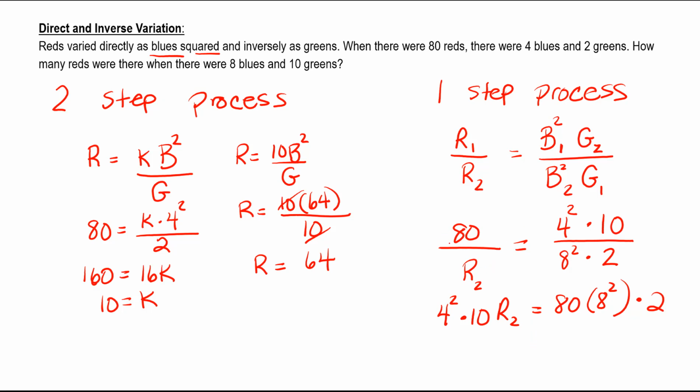So I can cancel the 10 with the 80, and that'll be 8 left over. And then 4 squared is 16, so I've got one of those 8s times 2 is 16, so I would have another 8 left. So R2 again is 64.